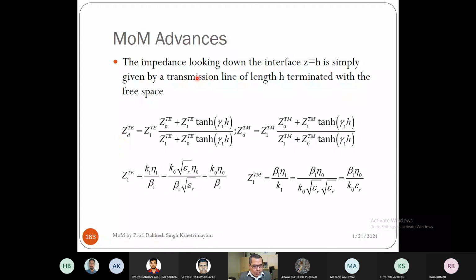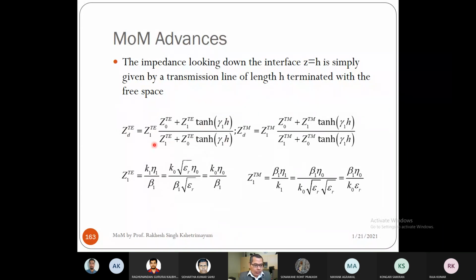Looking down, what I'm seeing is a line terminated with free space, so Z load is Z naught T. If I want to find the input impedance of a transmission line loaded with ZL, what do I do? Z naught times (ZL plus jZ naught tan beta L) over (Z naught plus jZL tan beta L). That's a standard formula you have from transmission line analysis.